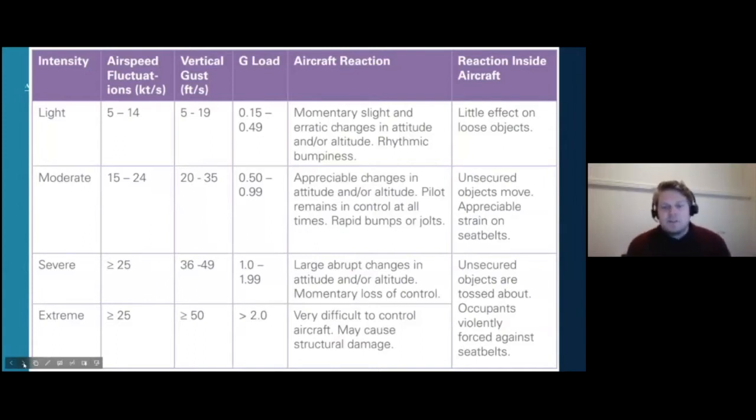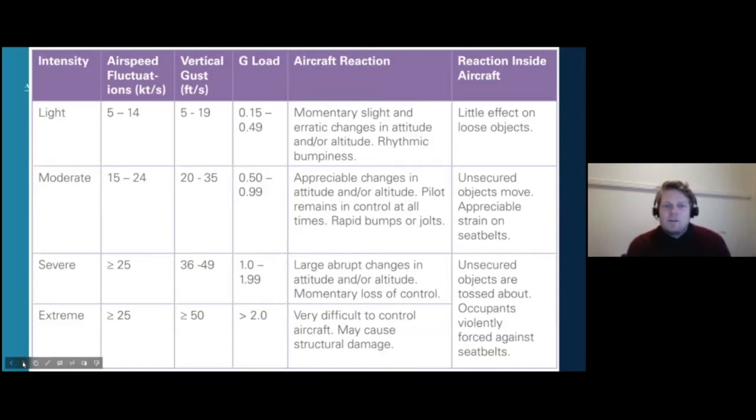And when you're getting into the severe and extreme ranges of turbulence, that's when things are getting tossed around. That's when you need to have your seatbelt on. Otherwise, you can have a lot of injuries caused by people getting thrown around the cabin. And the aircraft may actually be momentarily out of control from that turbulence.